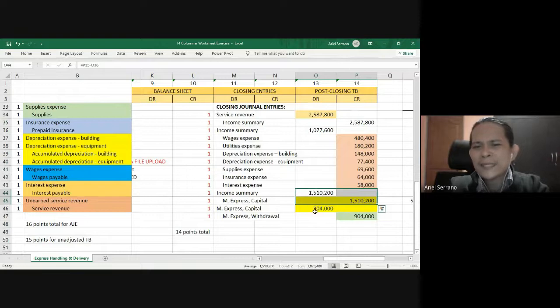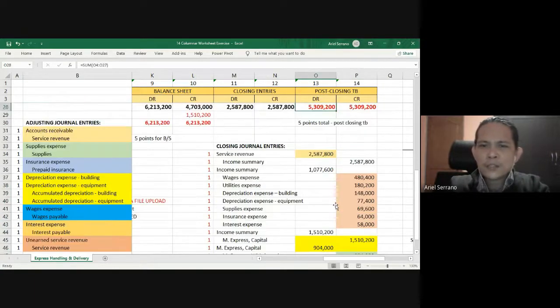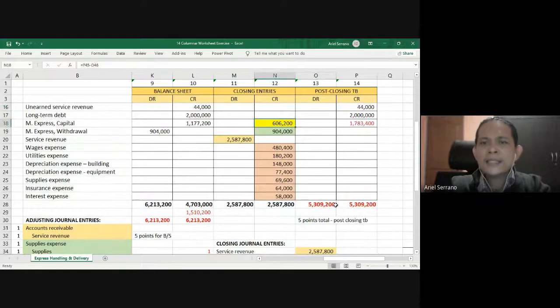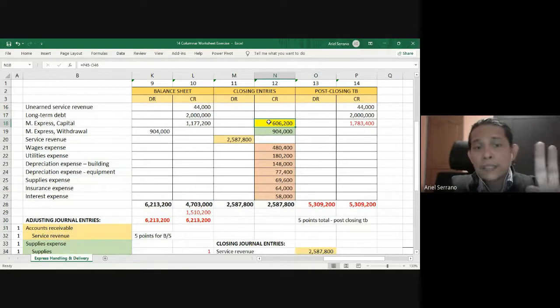There is a withdrawal account of 904,000. If we get the difference, 1.5 million minus 904,000, this is your 606,200. This is already a net effect of step 3 and step 4.